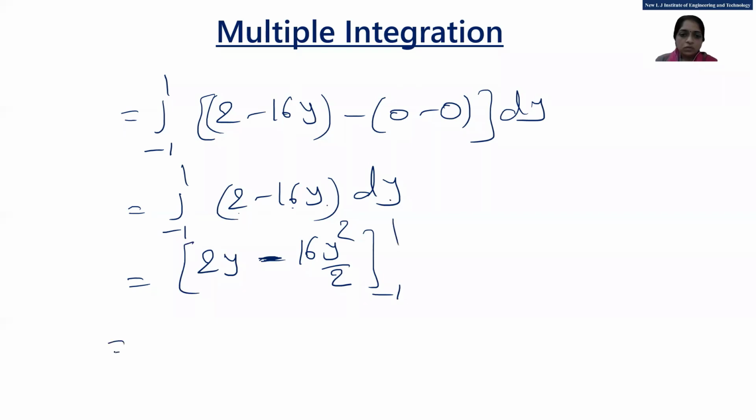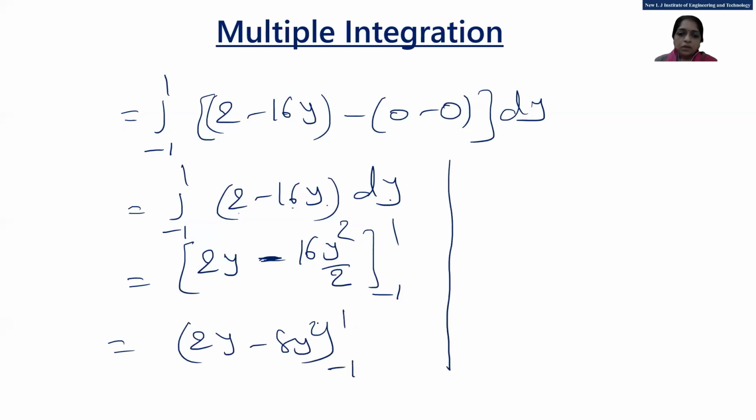So 2y minus 8y square, -1 to 1. After substituting the upper limit and lower limit, this is 2 minus 8 into 1 square, that is just 8, upper limit, minus lower limit, minus 2. Here minus 1 square, that is again plus. So here just minus 8.